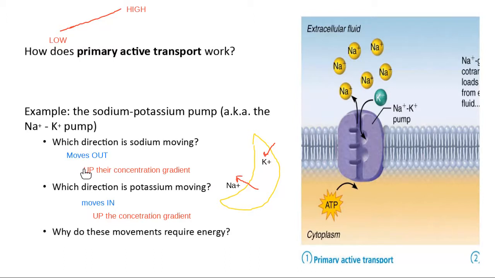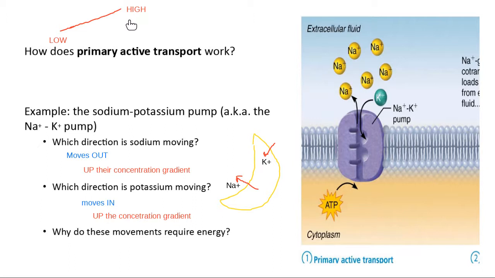When I take sodium and move it outside of the cell, there's already a lot of sodium on the outside. There's not very much on the inside, but I'm still taking that sodium and pushing it up the hill. When I go up the concentration gradient, that takes energy. With potassium, I've already got a lot on the inside, but I'm taking the little bit on the outside and pushing it inside.